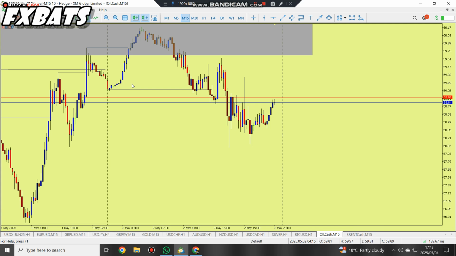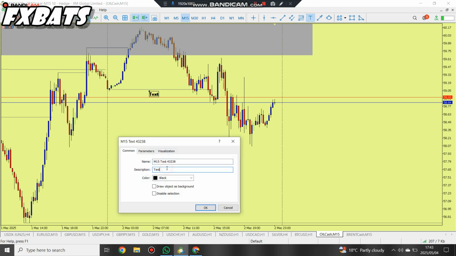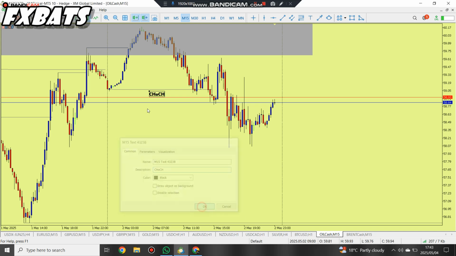For entries, I use mitigation blocks, breaker blocks, fair value gaps, order blocks, even the fair value area. This was the shift again on 15, this was my CHoCH on 15. Since it was my CHoCH, I wanted price to create a CHoCH.